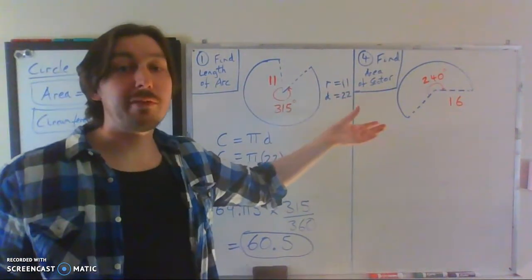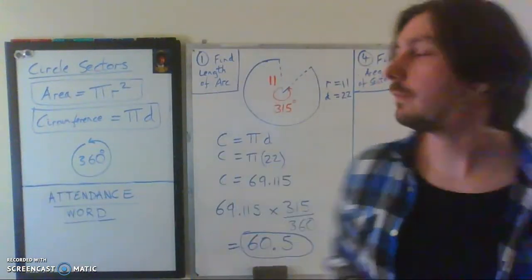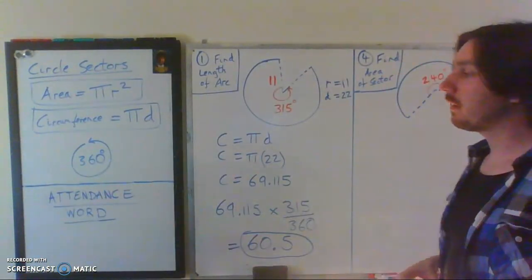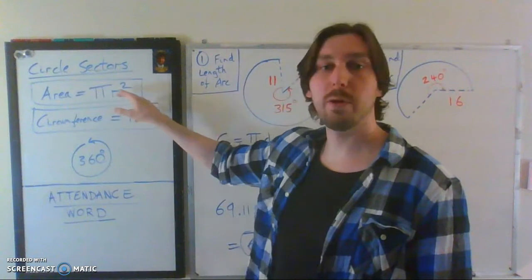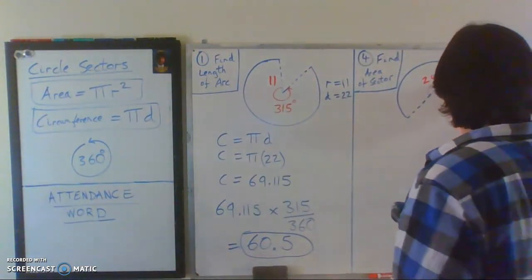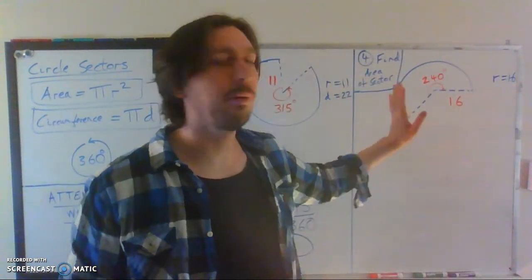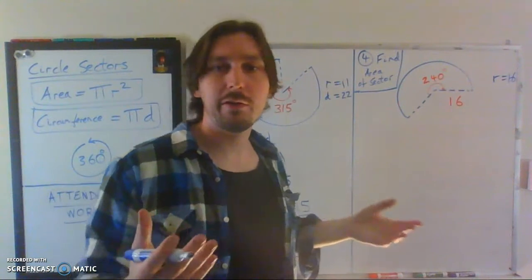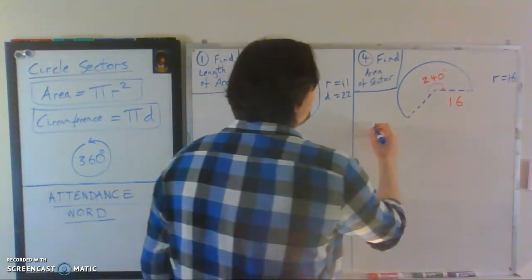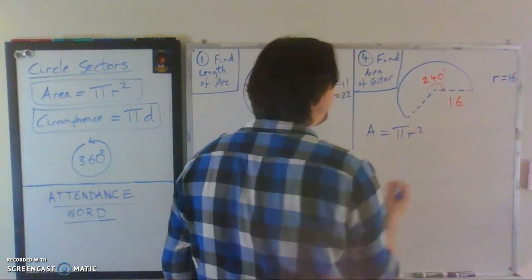We're going to do the same thing now for the area of this guy, number 4. So the area is pi r squared, and that's on your sheet too. The radius here, they give it to you right there. The radius is 16. I don't need to find the diameter. It will be 32, but I don't need it. So let's do this part first. A equals pi r squared, A being area.